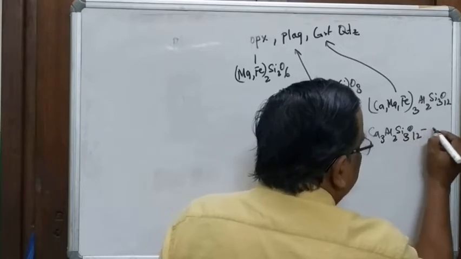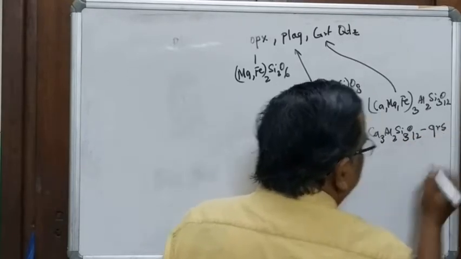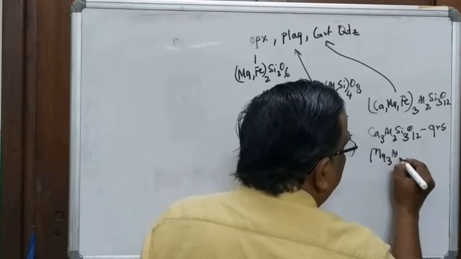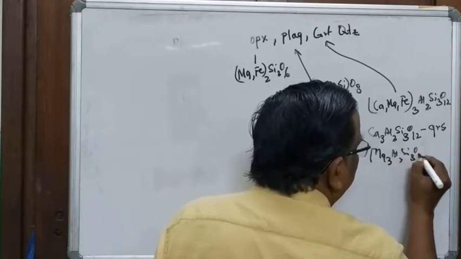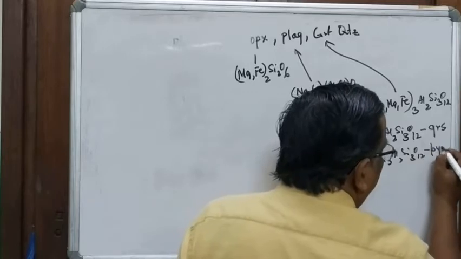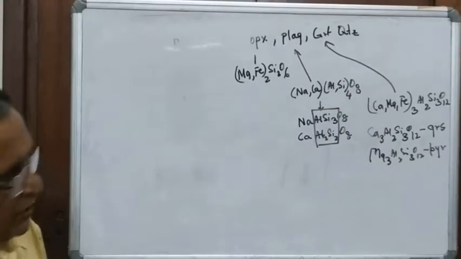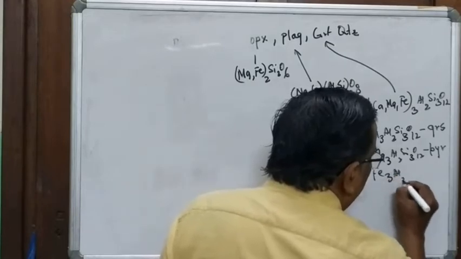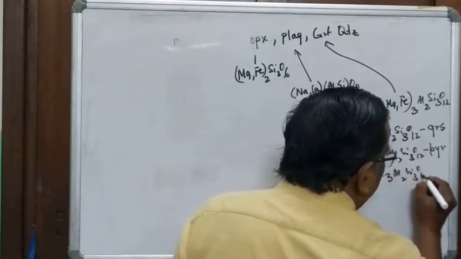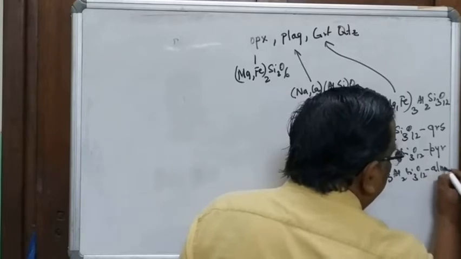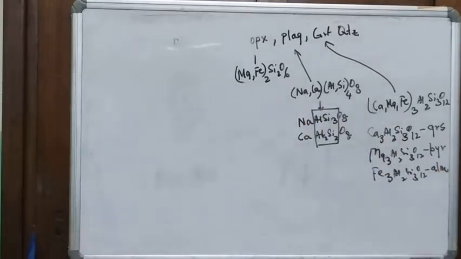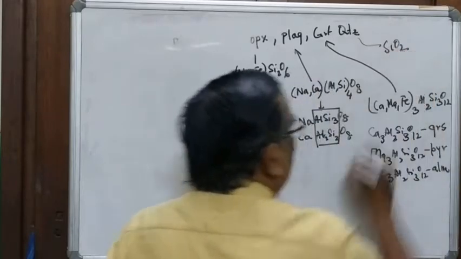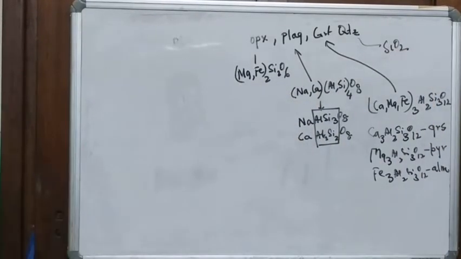The name of this component is grossular. Then you have Mg3Al2Si3O12. This phase is called the pyrope component. And you have Fe3Al2Si3O12, and this is almandine. And then of course, you have the great gentleman called quartz, SiO2.